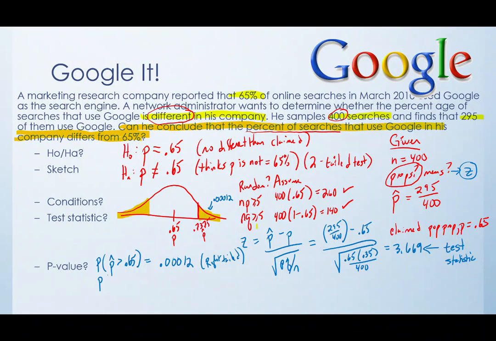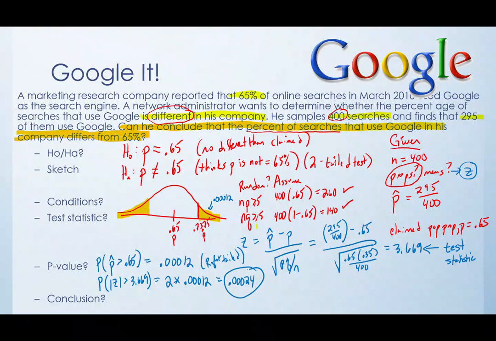So in terms of z-scores, the probability of the absolute value of z being greater than 3.669 is going to be both sides. We're just going to double it: 2 times 0.00012 is 0.00024. There's our p-value.